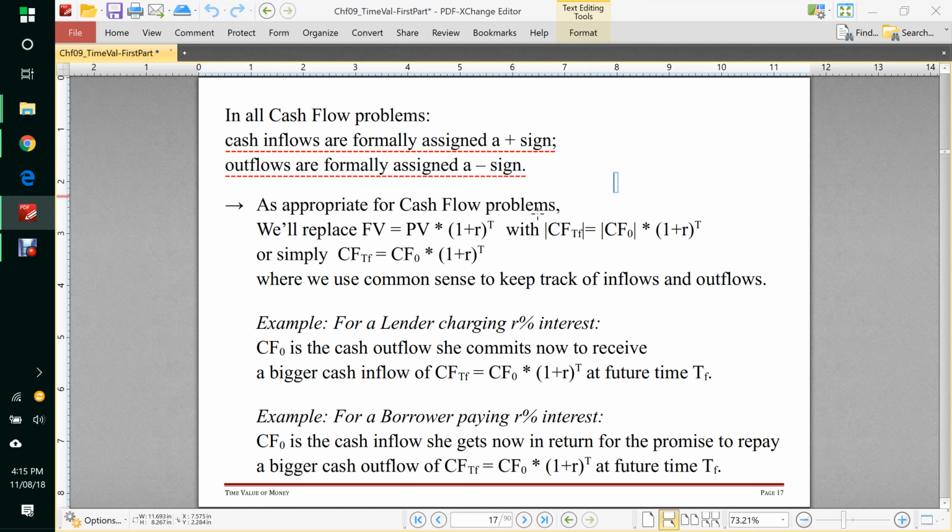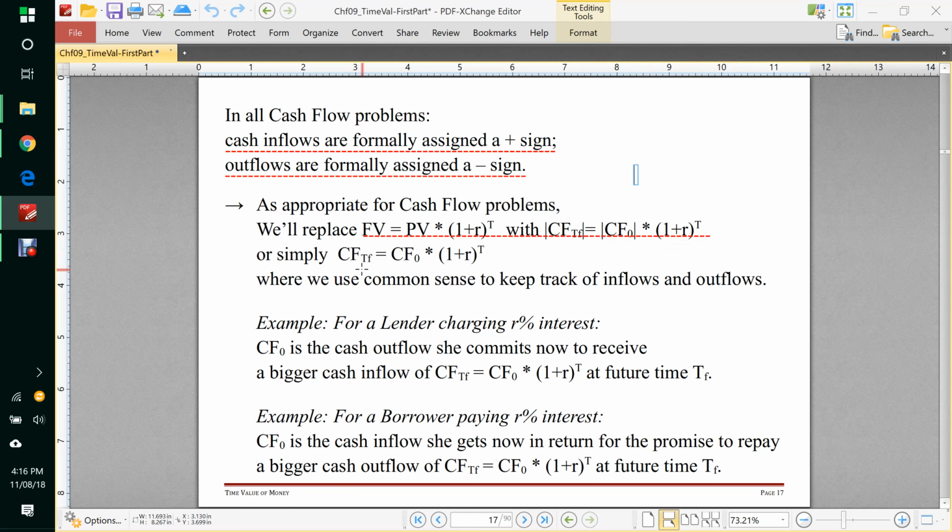But as appropriate in cash flow problems, we can replace future value equals present value times 1 plus r to the t with the absolute value of the cash we take out of the project at time TF equals the absolute value of cash we put into the project at t=0 times 1 plus r to the t.